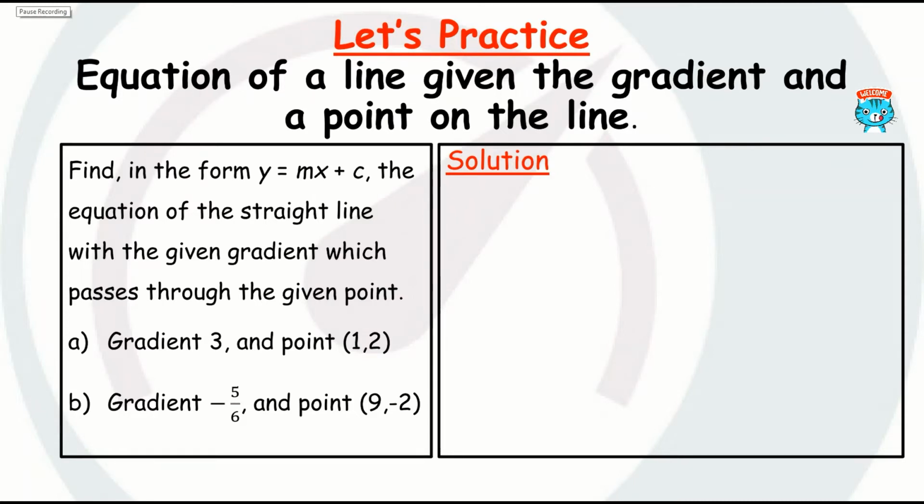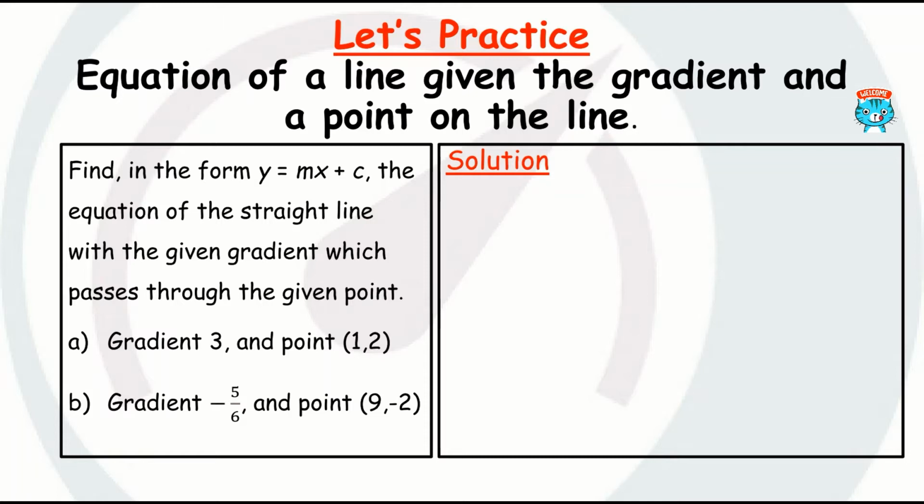We're going to find the equation of the line given the gradient or the slope and one point on the line. And we're going to put it in what we call the gradient-intercept form or the slope-intercept form, which is: write your answer in the form y equal mx plus c.